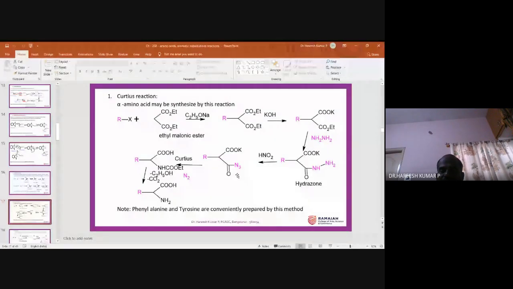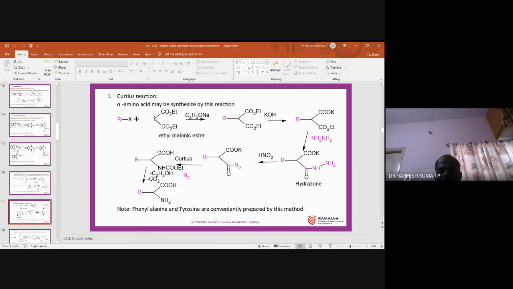The conversion of azide, more particularly acid azide, to amine is called Curtius rearrangement. To get this acid azide, we have to start with alkyl halide. So RX means alkyl halide, and this one is ethyl malonic ester. What will happen in presence of base?